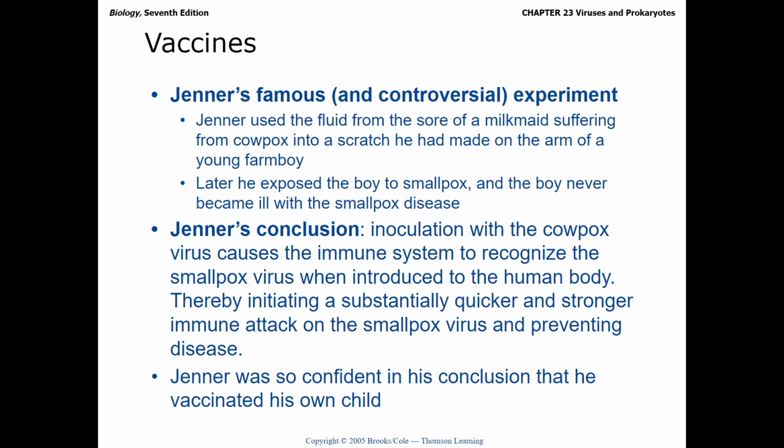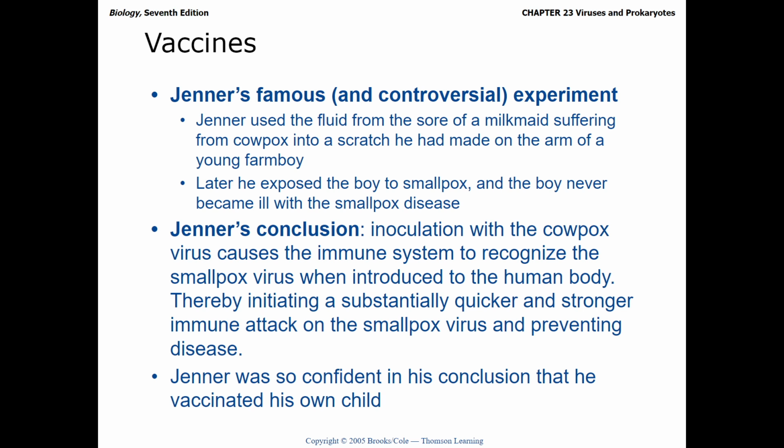Now, Jenner came up with a pretty famous experiment, but definitely very controversial. He used fluid from the sore of a milkmaid that had cowpox, and he inserted that into a scratch he had made on the arm of a young farm boy. Later he exposed that same boy, who he had exposed to fluid from cowpox, to smallpox, and the boy never became ill with the smallpox disease.